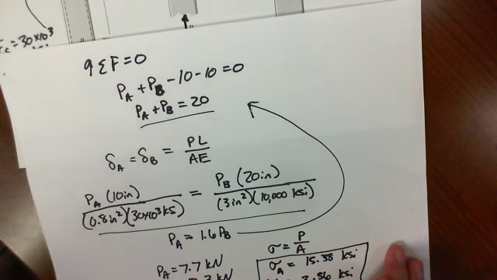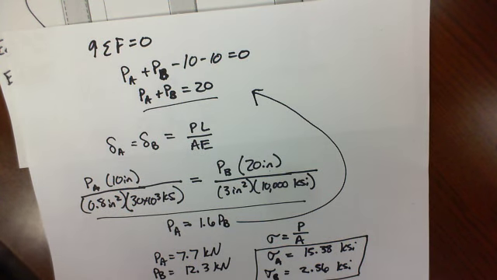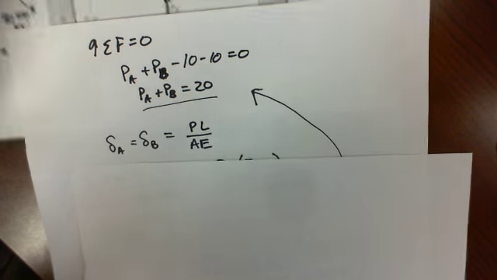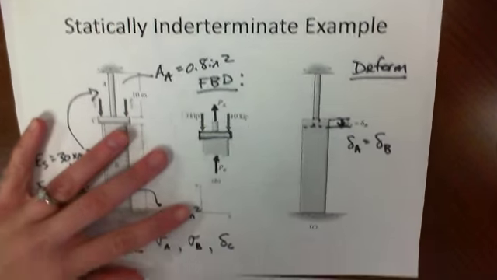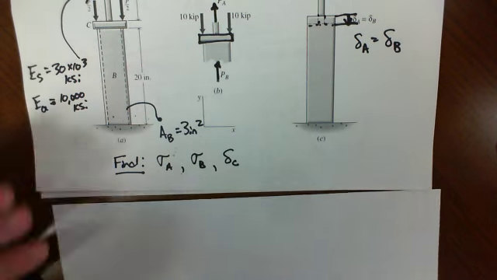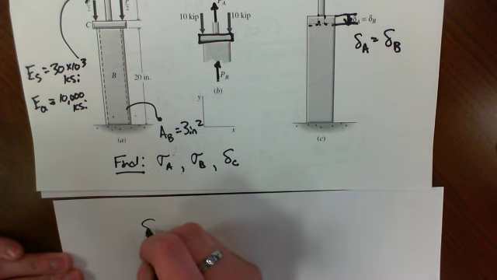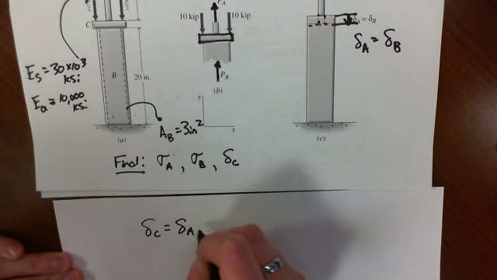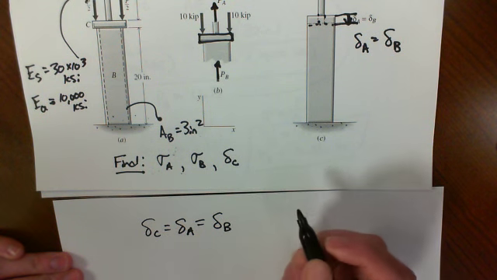So that's two parts of it. The last component, they want to know what the deformation is of the plate at C. That is going to be the same as we get for A or B, either one.